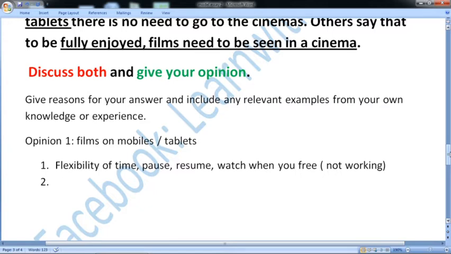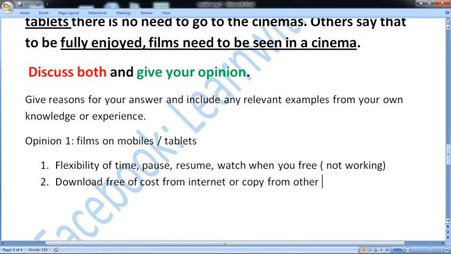Oh yes, we can download free of cost from the internet, or copy from other mobiles or tablets.